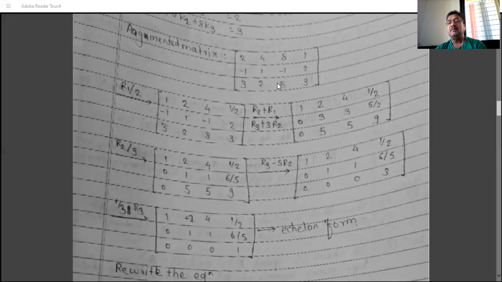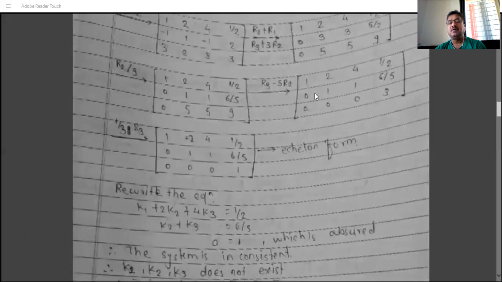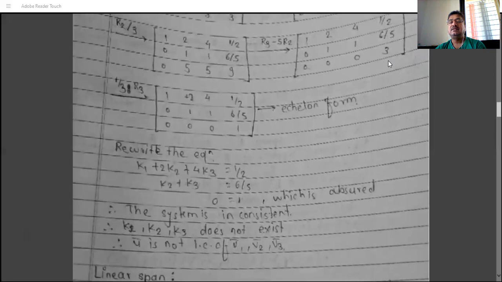If this element is 0, then we cannot, because if we multiply any number by 0, it is not equal to 1. So we have to reduce the next element to 1. So 1 by 3 R3. So we have 1, and this is an echelon form.